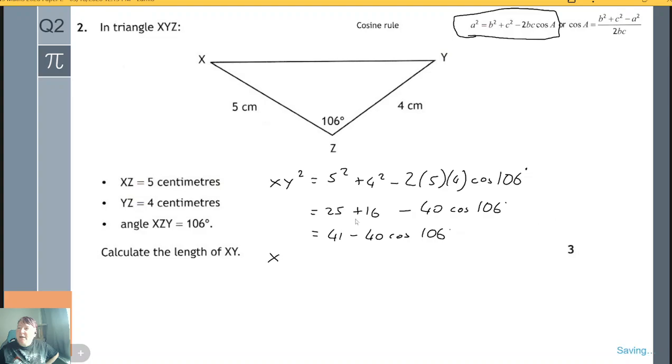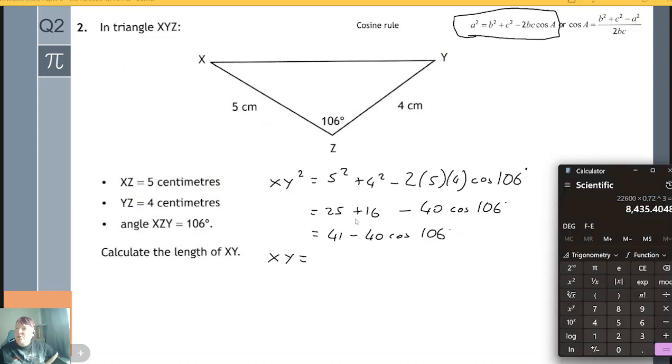So I'm going to just put in here XY equals. I don't need to show what the 41 minus 40 cos 106 is. I can go straight to working out the square root of it. Now, this calculator won't let me do the square root sign first. I need to put in everything else and then square root my answer. So I've got 41 minus, and here is where it gets tricky with this calculator.